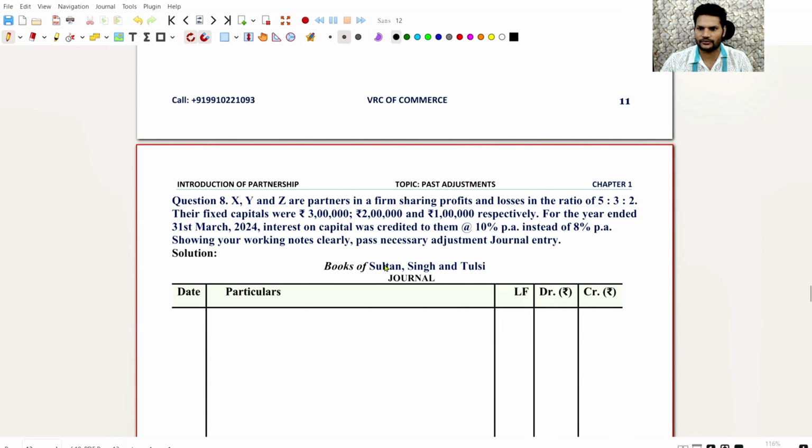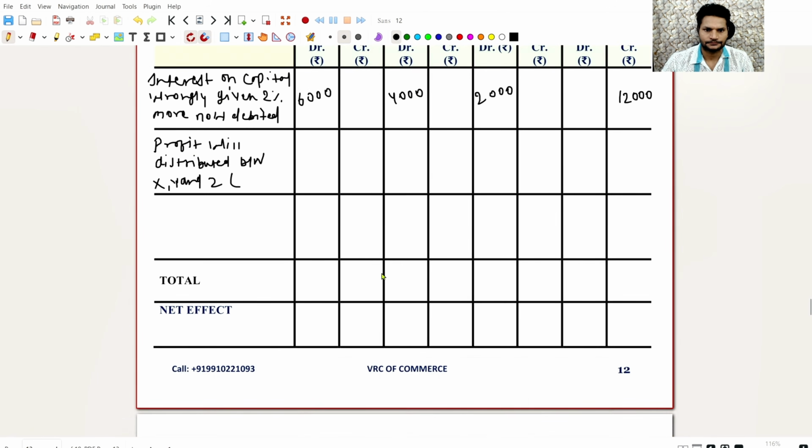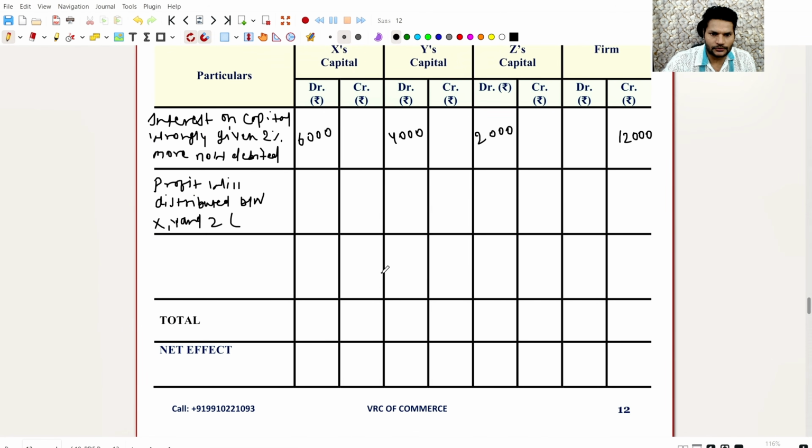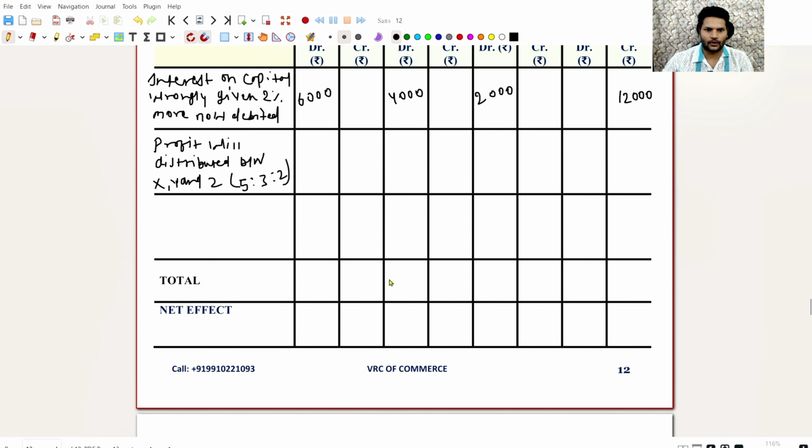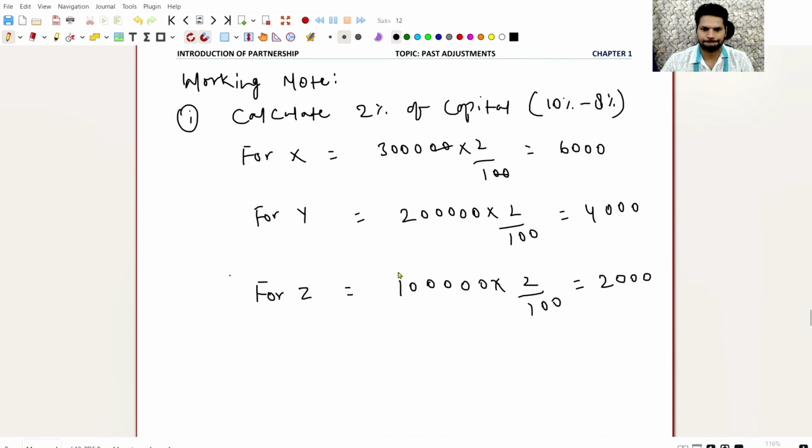Let's check the ratio, that is 5:3:2. Perfect. So now that 12,000, that is income, will be distributed between all partners in 5:3:2. Let's prepare the working note for the distribution of profit.